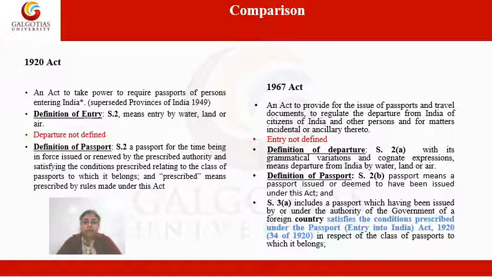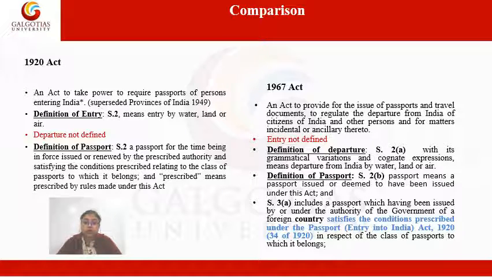Here I have given a detailed analysis of the two acts, the 1920 Act and the 1967 Act: what was exclusively defined in the 1920 Act and not defined in the 1967 Act, and vice versa. We can see that the definition of entry was defined primarily in the 1920 Act. It means entry by water, land or air.